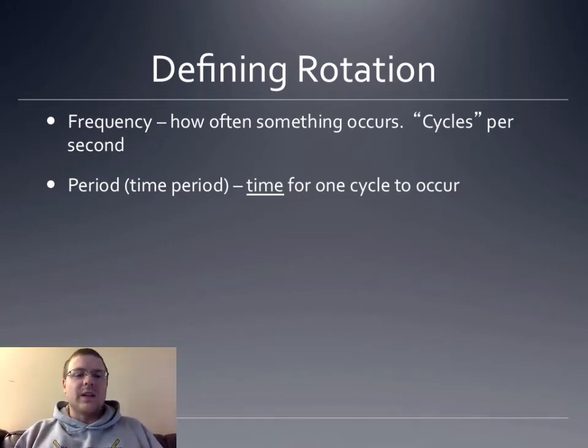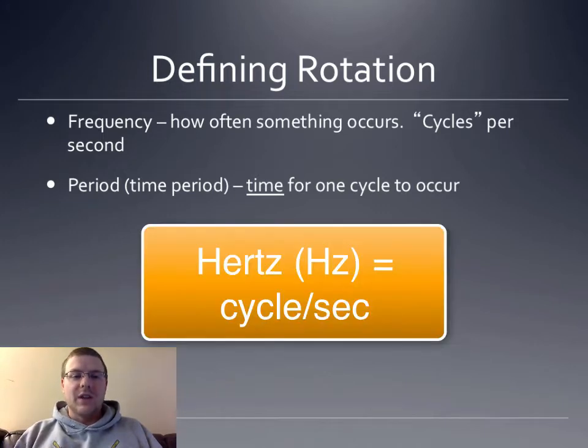The units for time period are any unit of time: seconds, minutes, hours, days, years. Frequencies we often measure in cycles per second, or you might see it written as hertz. Hz is the abbreviation, and it tells you how often something's occurring.